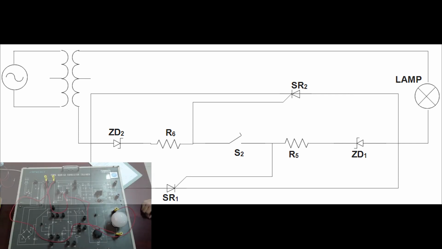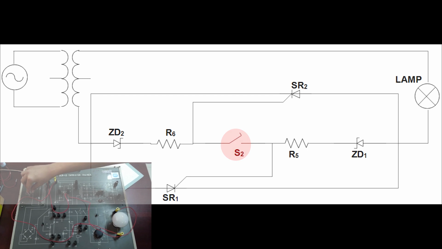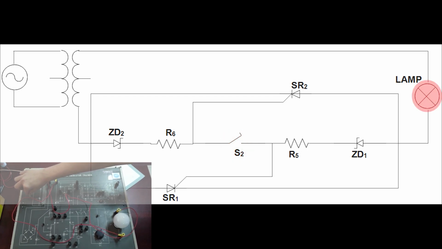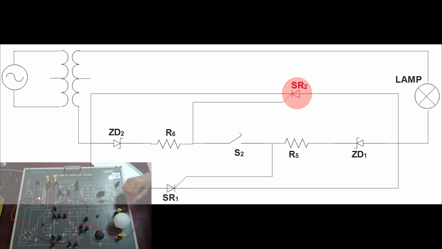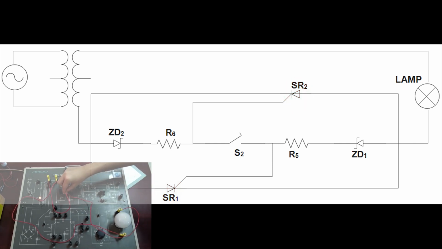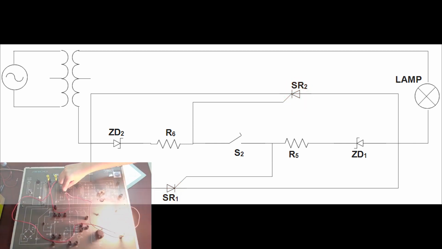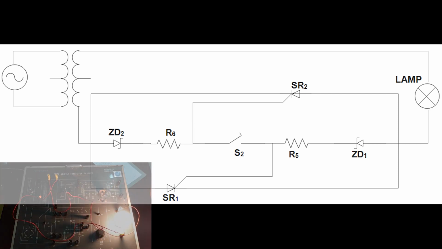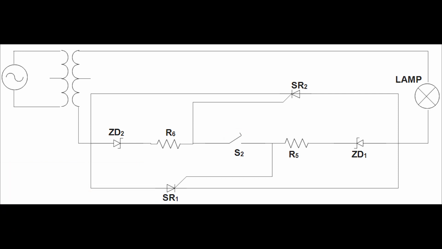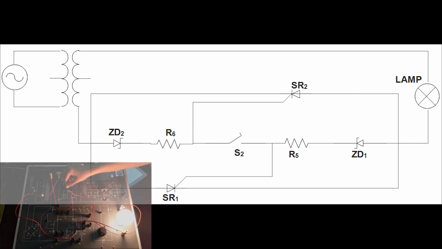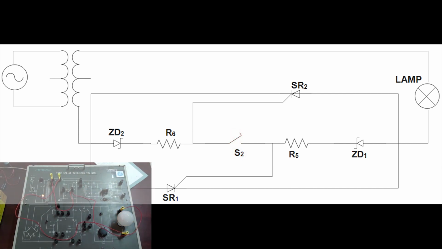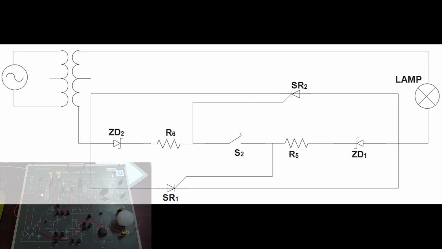Then switch on the prototype kit and toggle the switch S2 to its closed state and notice that the lamp is lit up as SR1 and SR2 start to conduct the current. So what are SR1 and SR2? Those are the thyristors. Now change the S2 switch's position back to its initial state and notice the lamp switches off as the two thyristors stop conducting the current.